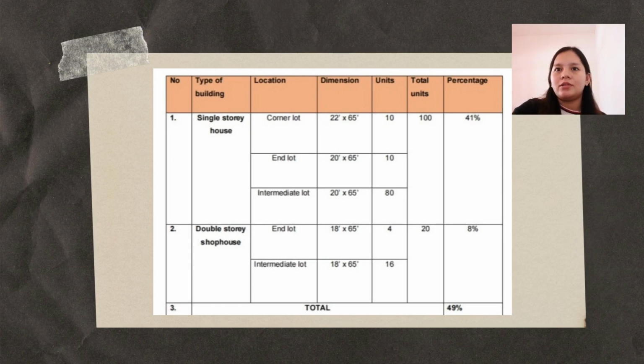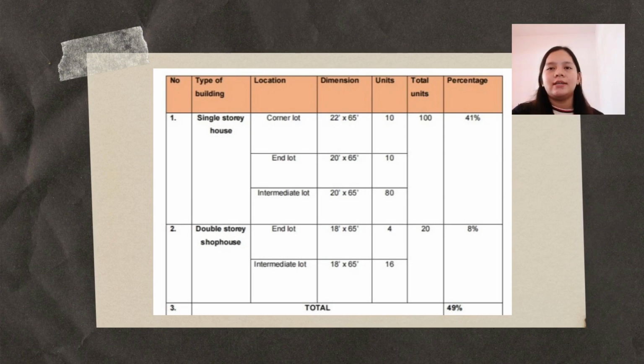For the corner lot it is 22 multiplied with 65, the end lot is 20 multiplied with 65, and the intermediate lot is 220 multiplied with 65. The units are 10 for corner lot, 10 for end lot, and 80 units for intermediate lot. So the total unit is 100, and the percentage of this unit is 41%.